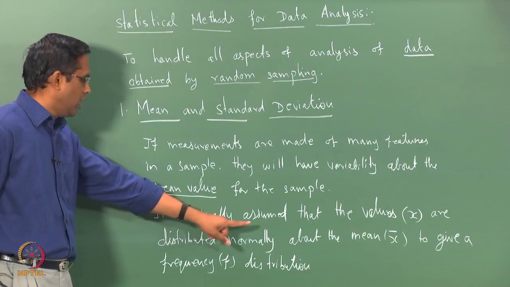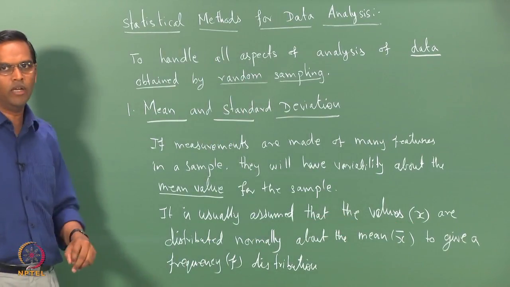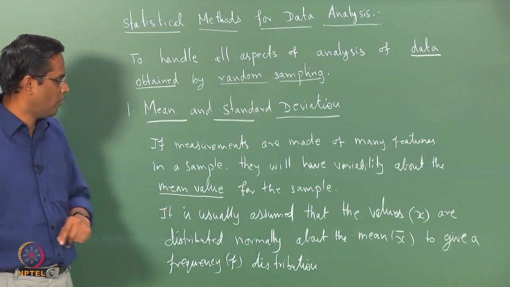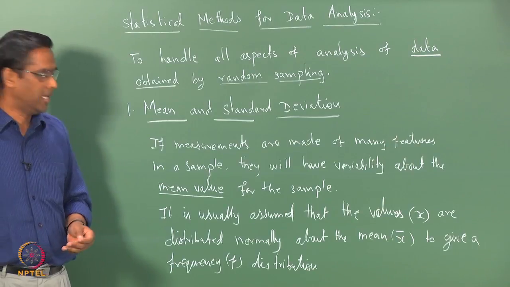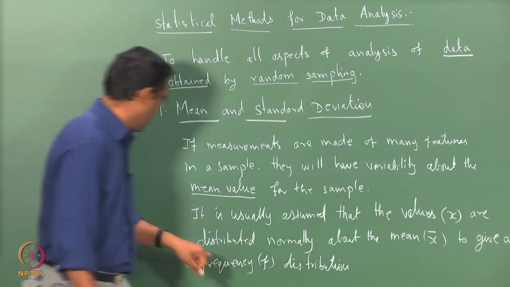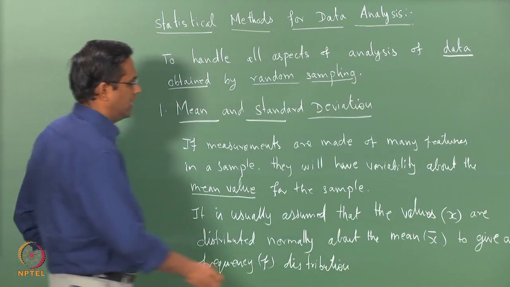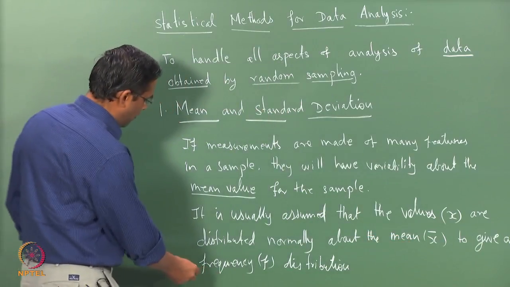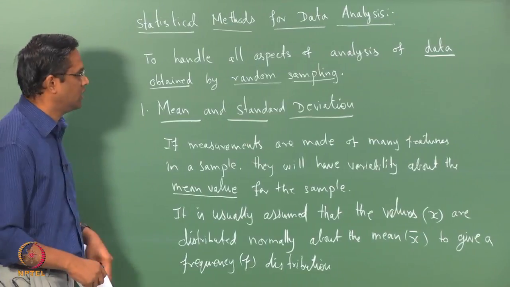It is usually assumed that the values x, whatever you may be measuring for any of the metallographic or stereological parameters, are distributed normally about the mean, that is x bar, to give a frequency distribution. So, how to visualize this?